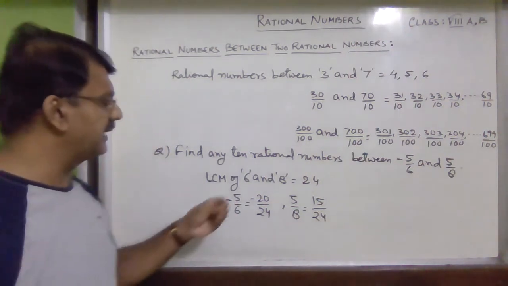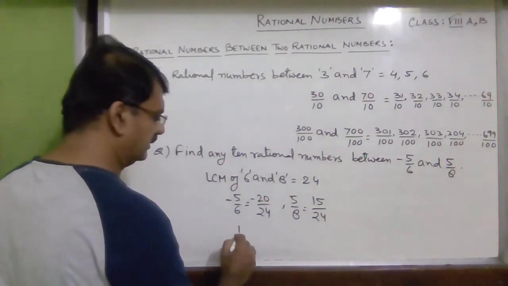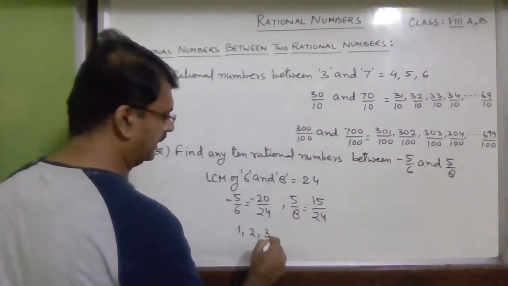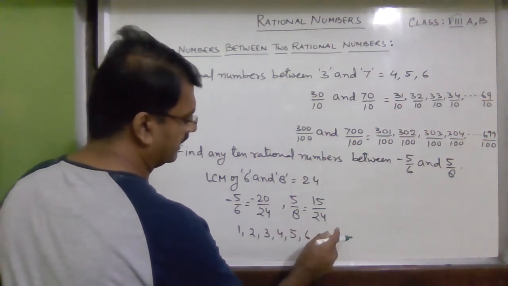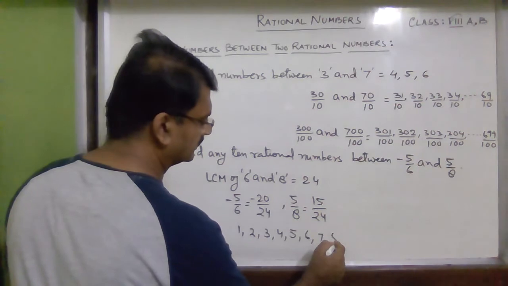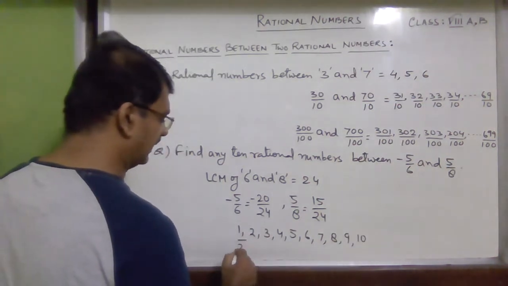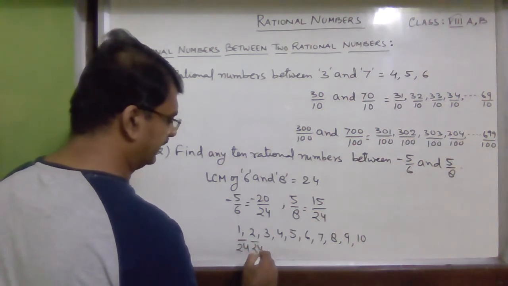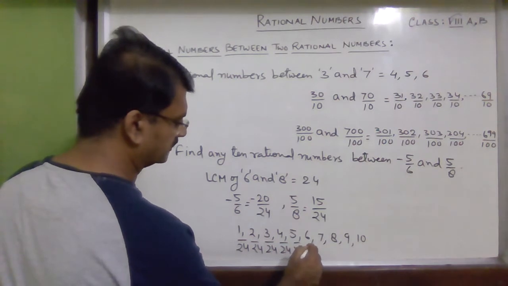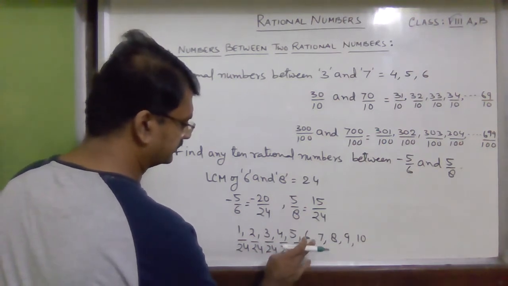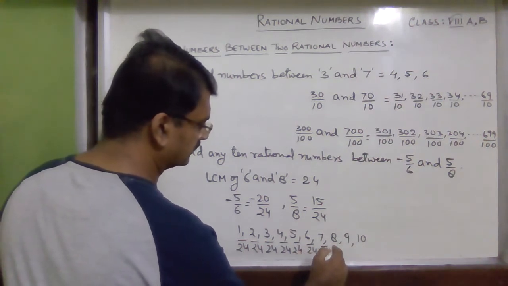Better if we take positive numbers, say 1, 2, 3, 4, 5, 6, 7, 8, 9, 10, and write down 24 below each number, like this.